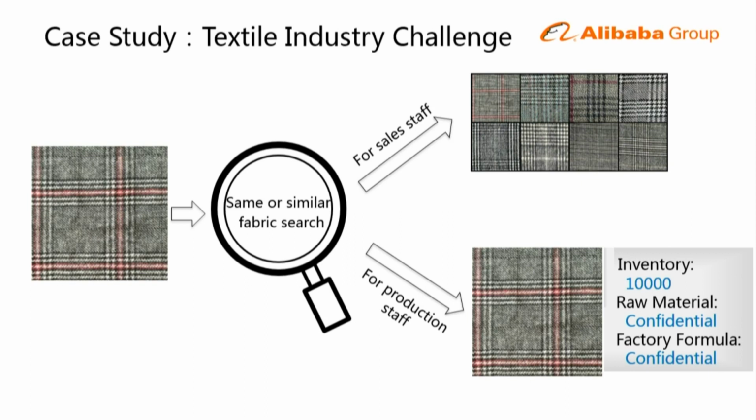When the sales staff visit customers at the customer's office, they can simply take a picture and find out if they have the same or identical fabric in stock. And for the production staff, they can very easily link a particular fabric with the stock ID, manufacturing materials, and formula, etc.